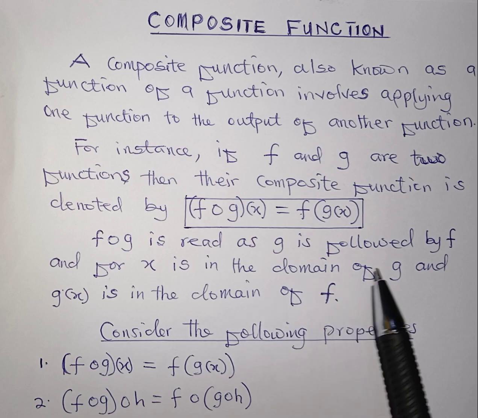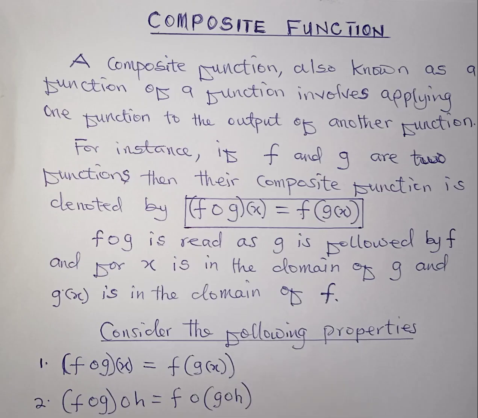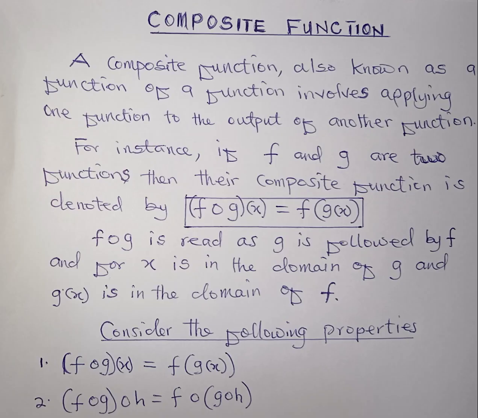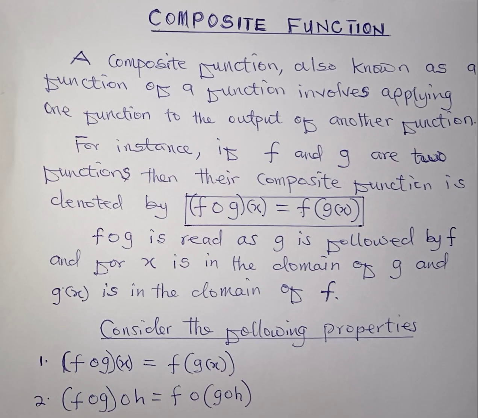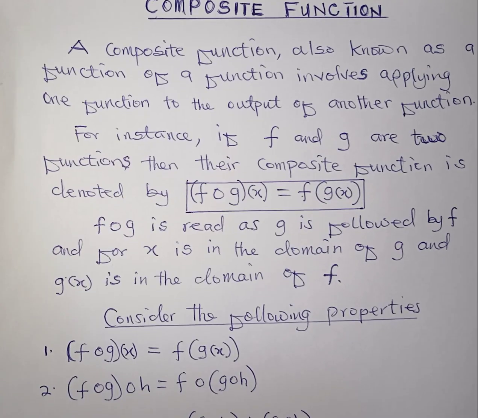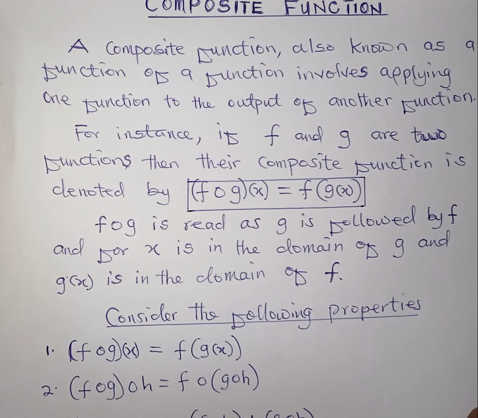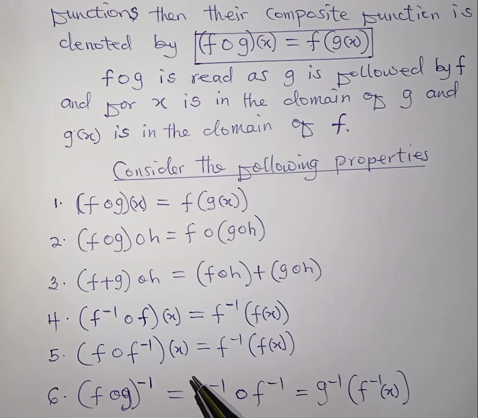Now before that, let's look at the following properties under composite function. There are some of them that you need to take very good care of, because when questions are given to you to solve, you need to apply such properties. Otherwise, you are going to get everything wrong.